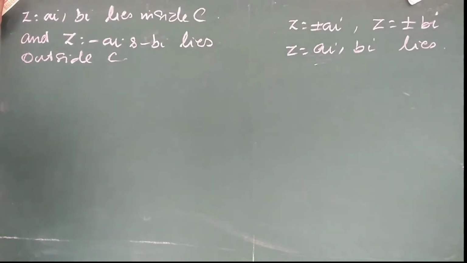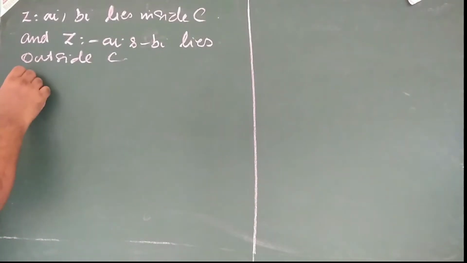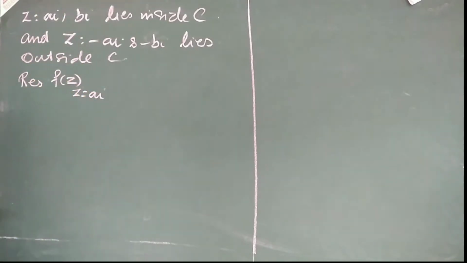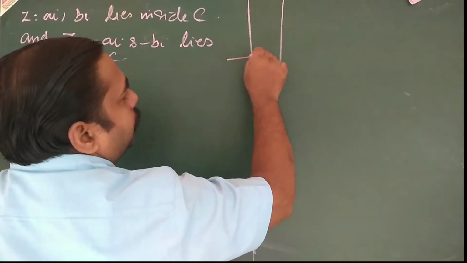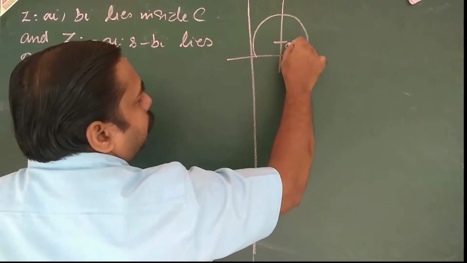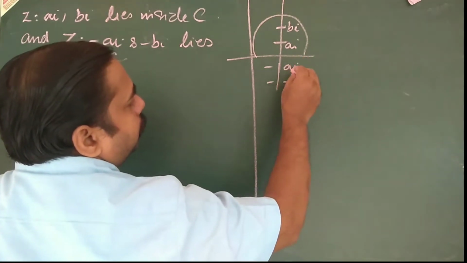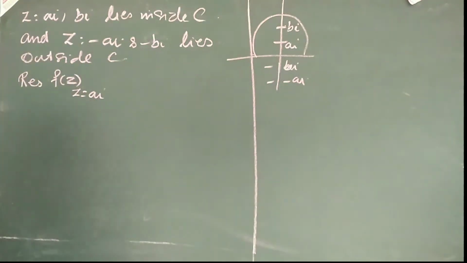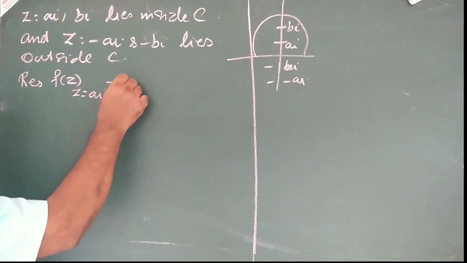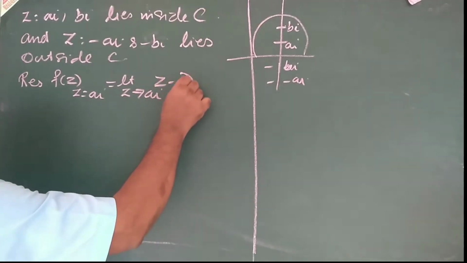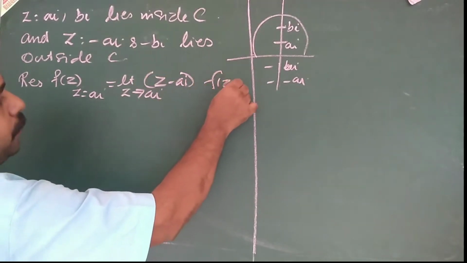Now residue. So residue of f of z at the point z equal to ai equals, by the limit formula, limit z tends to ai of z minus ai into f of z.